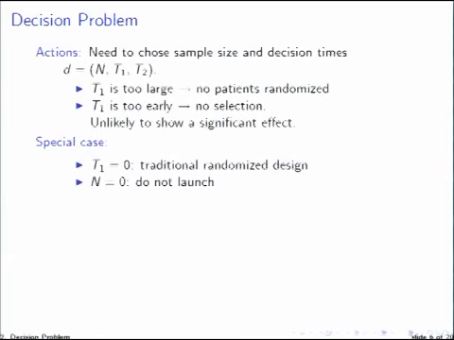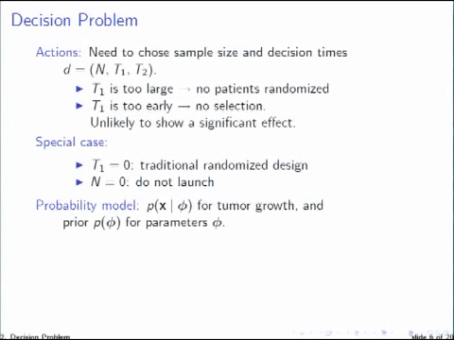So the optimization will even include a comparison with simple upfront randomization. If you allow n equals 0, then that includes a possible recommendation not to initiate a trial if things don't look good enough that you might stand to gain anything. And so n, T1, T2 are the decision parameters. Those three index the decision.